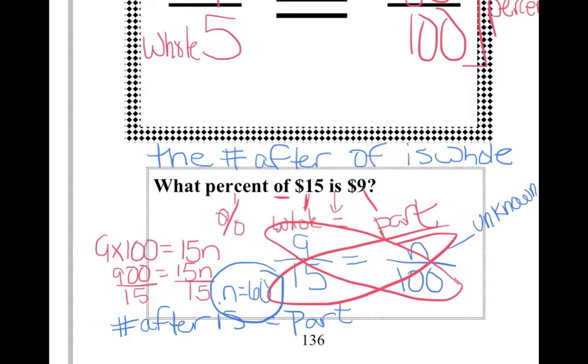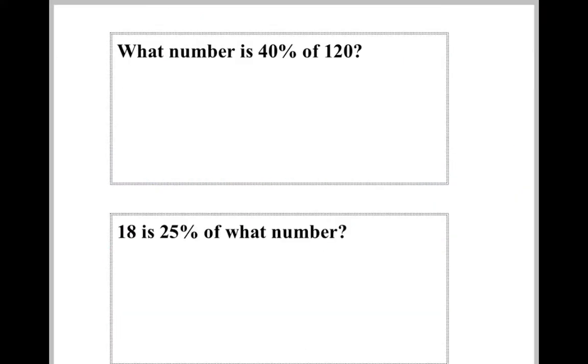Okay, so that's one type of problem, where we're trying to find the percent. Now what if we need to find what number is 40% of 120? This is a find the part problem, because this is our percent.